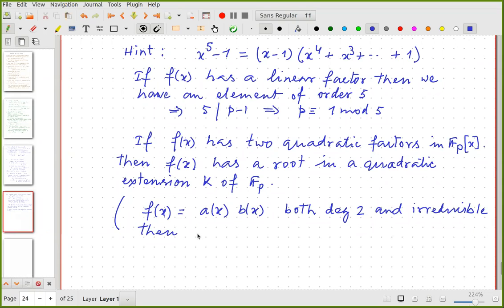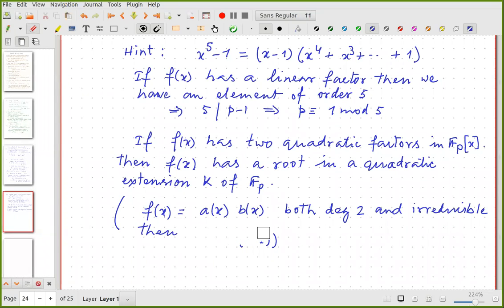In fact, Fp[x] modulo this, the maximal ideal. So this is an irreducible polynomial, so it is going to be a maximal ideal. So this quotient ring is going to give you a field which would be a degree 2 extension, and that is how you construct it. We can actually elaborate on this a little more, but we need this idea for our lectures as well. So this is a construction.